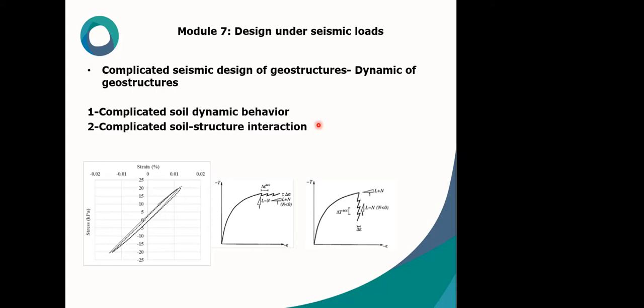And also, the second one, complicated soil structural interactions. So the other point is that here we have a structure inside the soil, and the interaction between these two may complicate the situation.